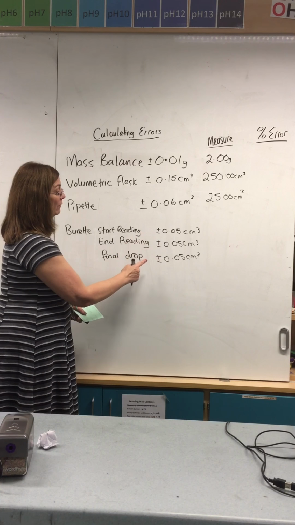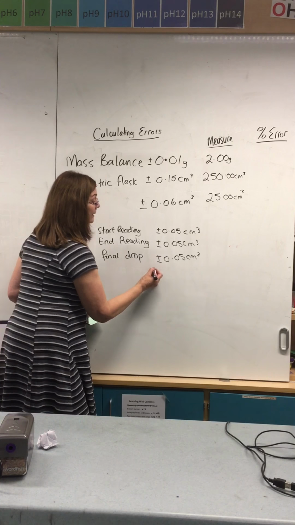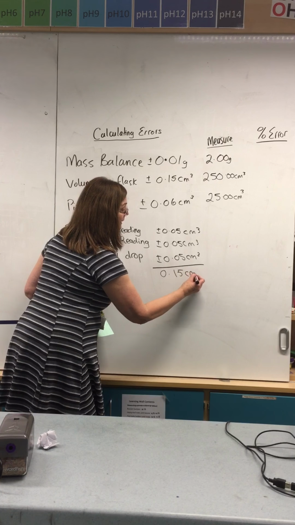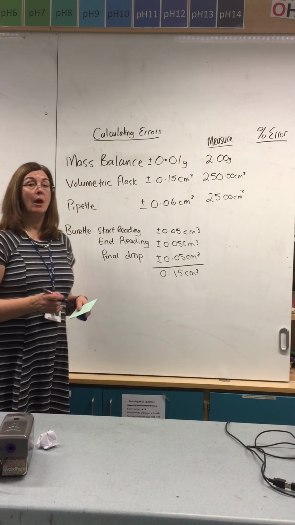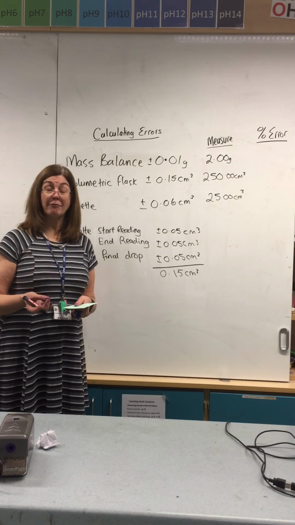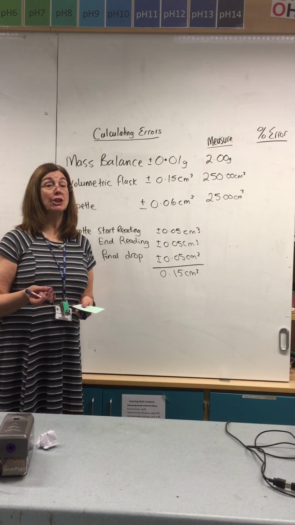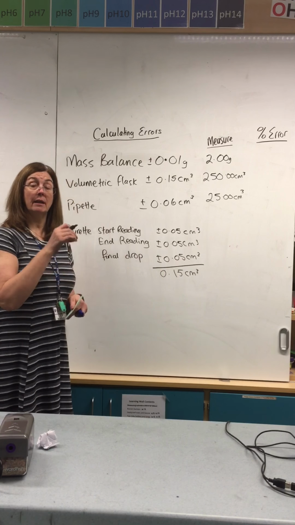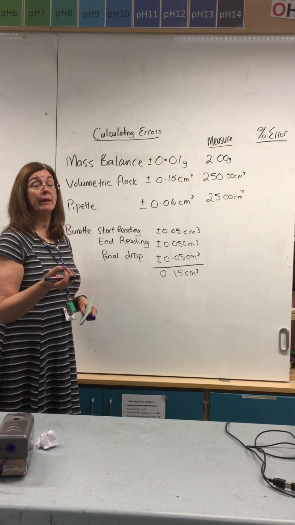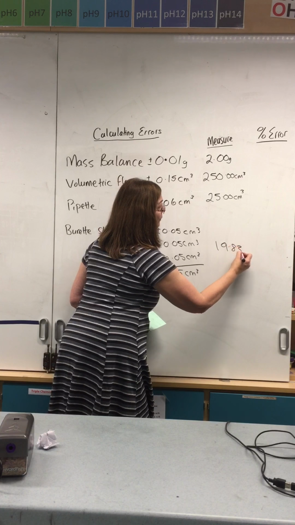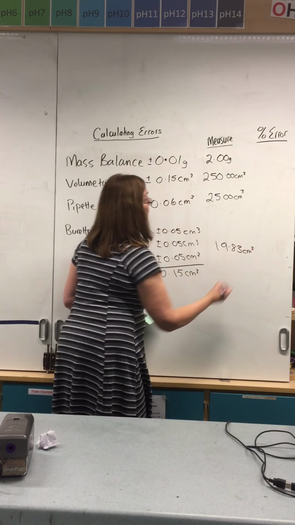So in total, the error for the burette is 0.15 centimetres cubed. From a previous calculation, I had an average titer of 19.83. So that error is associated with 19.83 centimetres cubed of liquid.